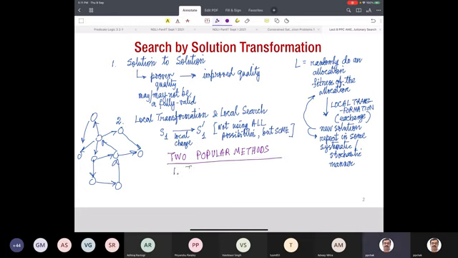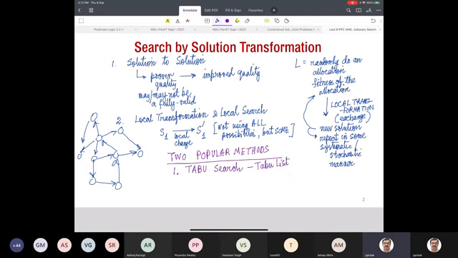One is called taboo search. In taboo search, you look from one particular state at the 10 options that you have for local transformation. Or among the 100 options, you shortlist 10 and see which one gives you an improvement. But while going to the next state, you also have a taboo list.